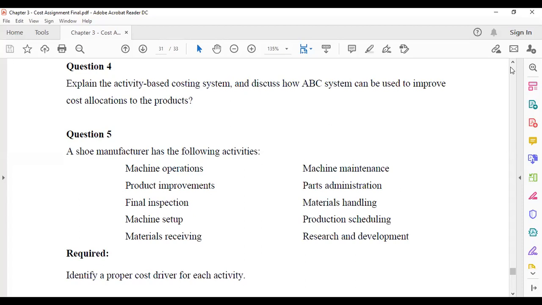In such a scenario, if you take a particular cost driver or allocation base, say direct labor, or maybe machine hours, these were considered the two most dominant cost drivers.